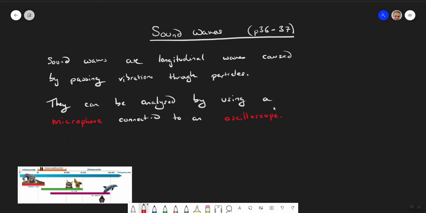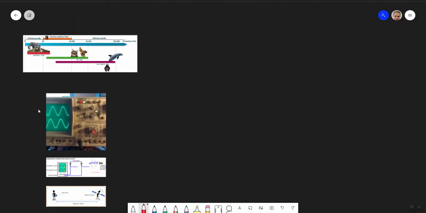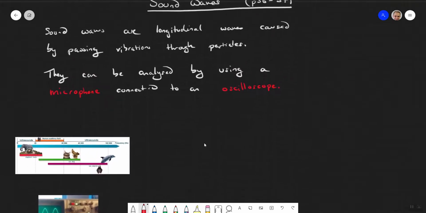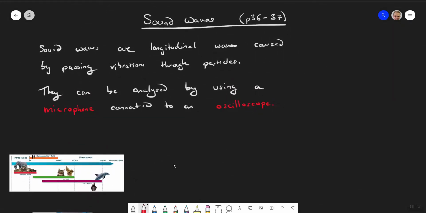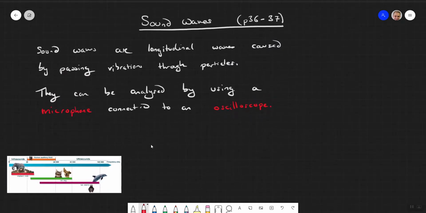The oscilloscope is the thing that displays it, and so they look like that. So that's the image of an oscilloscope, and they give us a sort of trace. It looks transverse because that enables us to see it. We wouldn't be able to see it if we tried to display it directly as longitudinal. But where is this direction? This might mean forwards and backwards, as opposed to up and down. So it's just a graph.